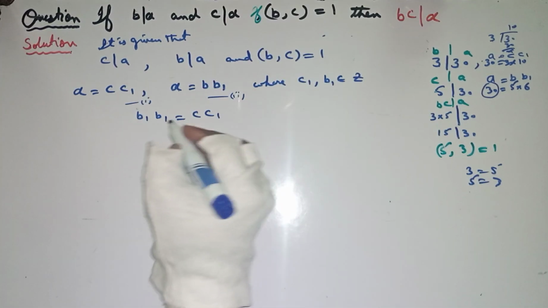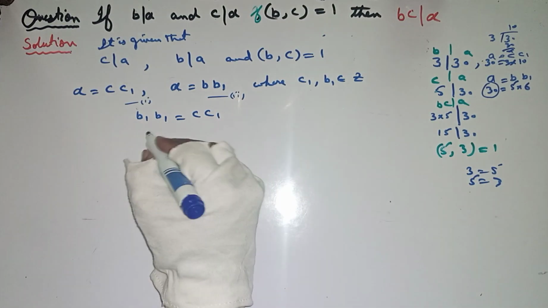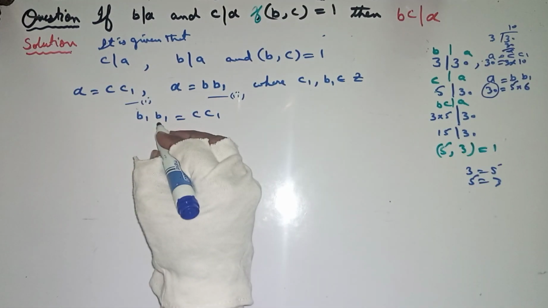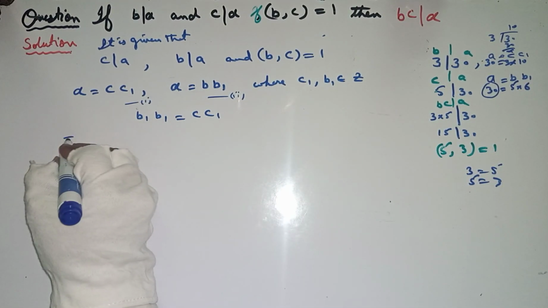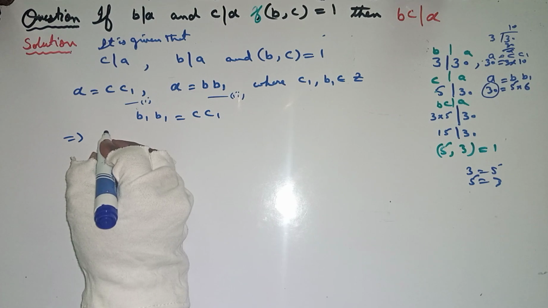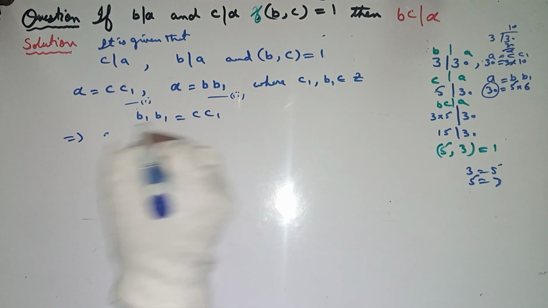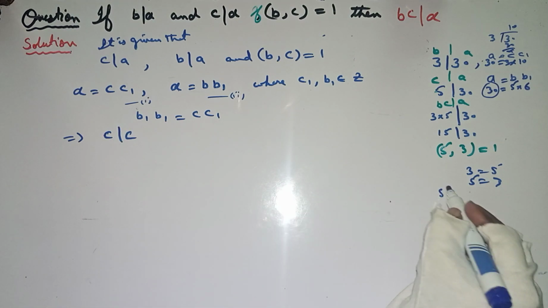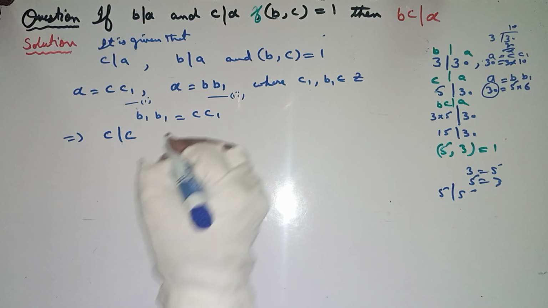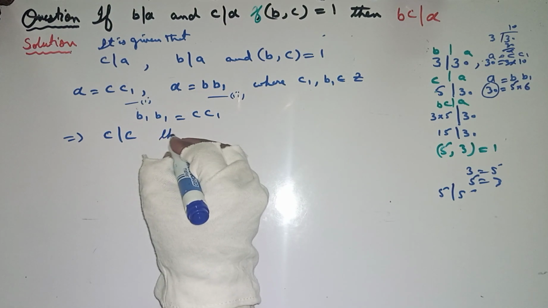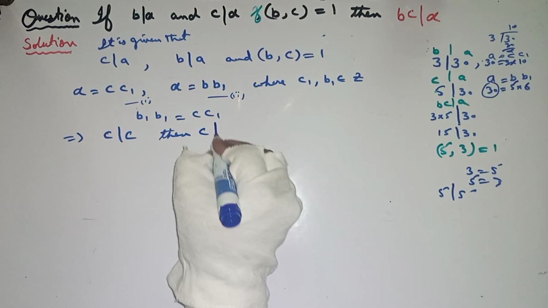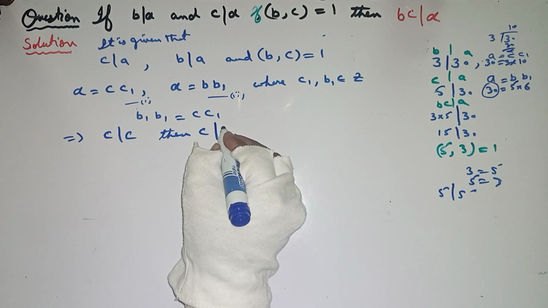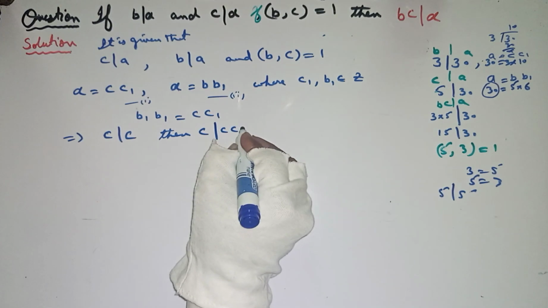Okay, then here you see that as C divides C, every number divides itself. Understood? Then C divides C times C1.